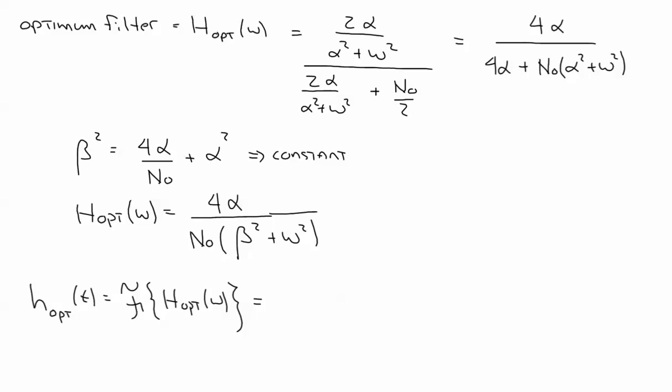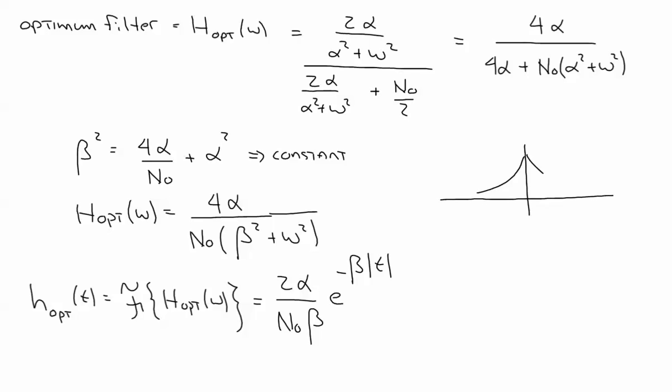And using Fourier transform tables that I've provided previously, this becomes 2 alpha over N naught beta e to the minus beta times the absolute value of t. All right. This is a double-sided type of impulse response. It'll look something like that.